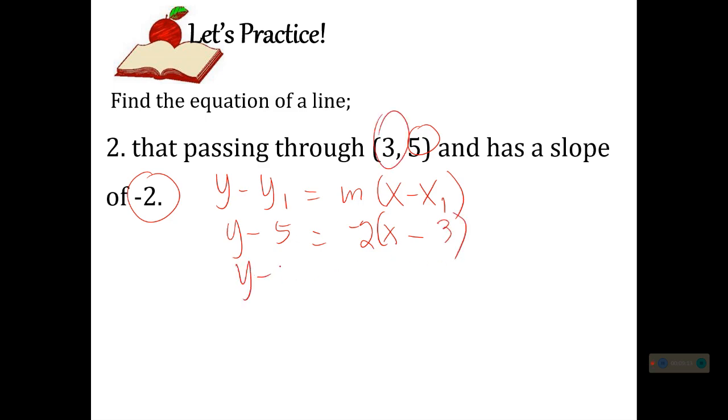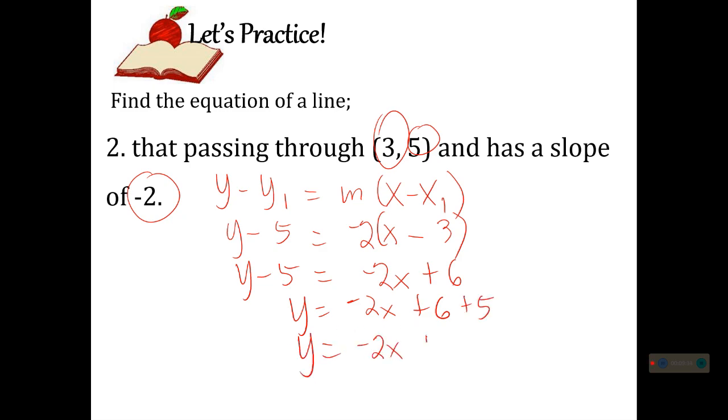Then, we have y minus 5 equals, using the distributive property, negative 2x, then we have here positive 6. Then, using the addition property, y equals negative 2x plus 6, then it will become positive 5. So, you will obtain y equals negative 2x plus 11. So, this is now our equation in the slope-intercept form.